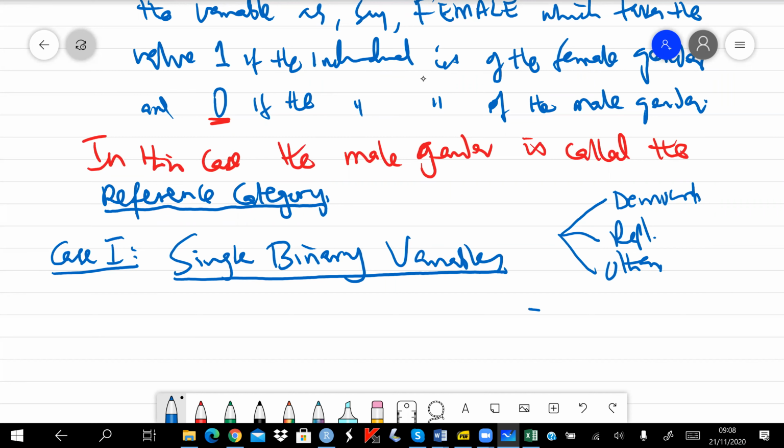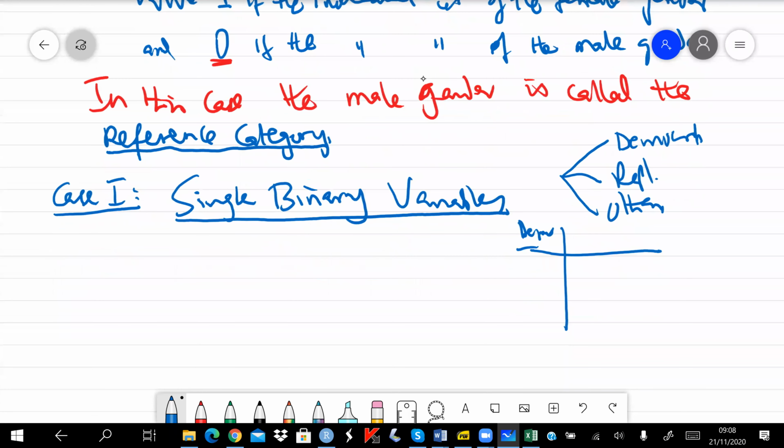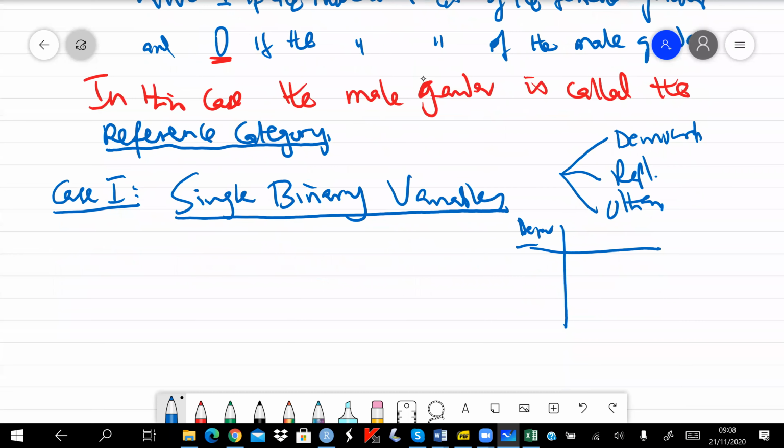For instance, if you're talking about party affiliation, and you have the Democrats, the Republicans, and others, you're going to have 2 dummy variables. One of them is Democrat, which takes the value 1 if the person you are interviewing is a member of the Democratic Party, and 0 if Republican or other.